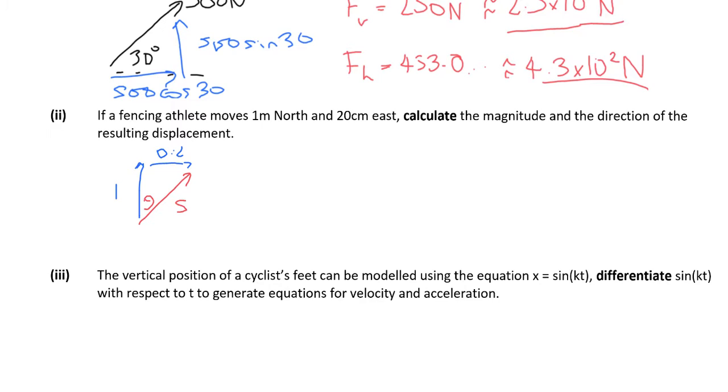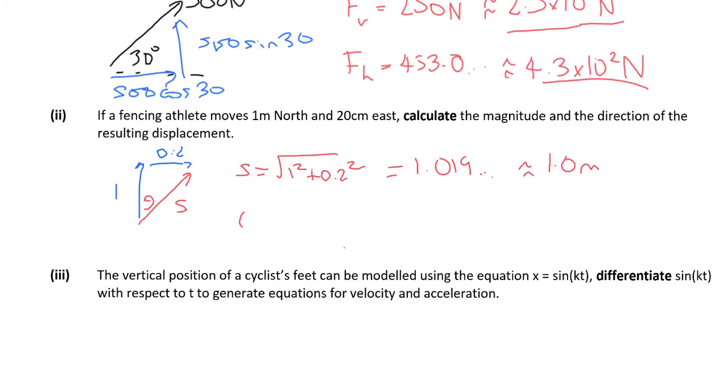So S, using some Pythagoras, is going to be the square root of 1 plus 0.2 squared. So let's calculate that now. 1 squared plus 0.2 squared square rooted is 1.019, which is actually still 1 meter to 2 SF.